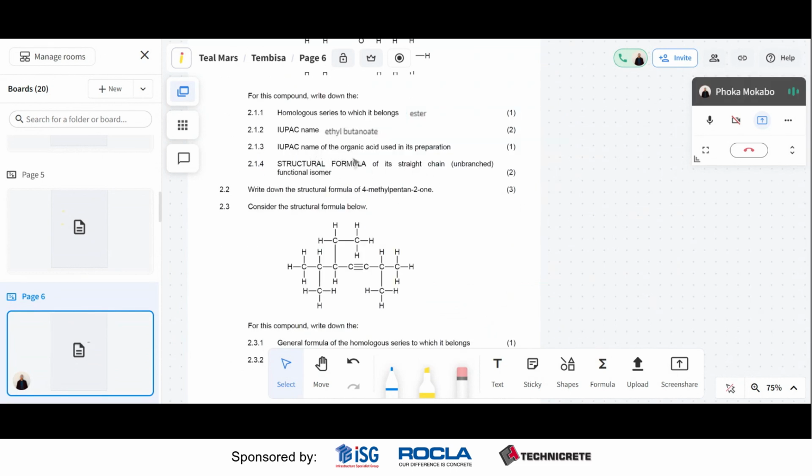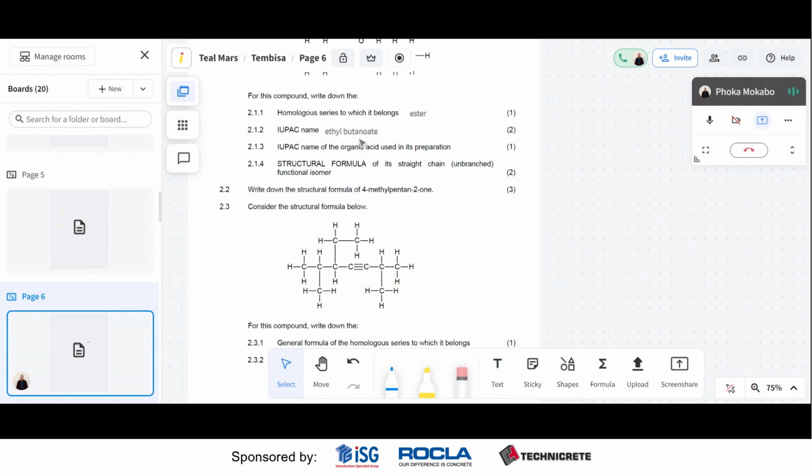The IUPAC name of the organic acid used in its preparation. Now, an ester is made through the reaction of two different homologous series groups, namely the alcohol as well as the carboxylic acid, right? The alcohol will give you the ethyl part, and the carboxylic acid will give you the OH part of the ester.